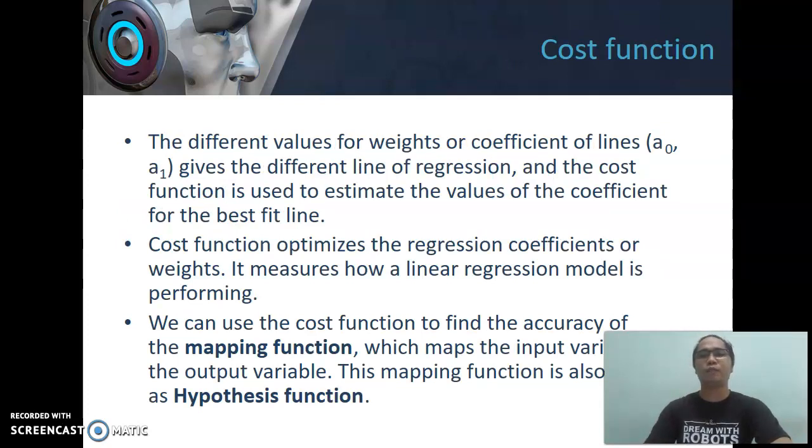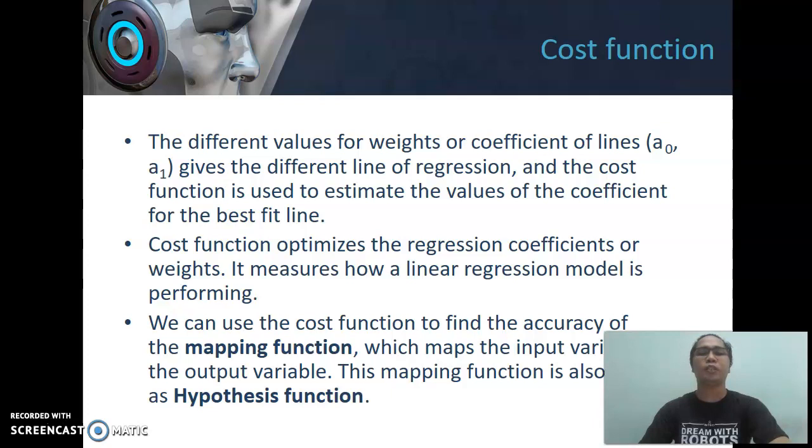The different values for the weights or coefficients of the line, a sub 0 and a sub 1, give a different line of regression, and the cost function is used to estimate the values of the coefficients for the best fit line. The cost function optimizes the regression coefficients or weights. It measures how linear regression is performing.